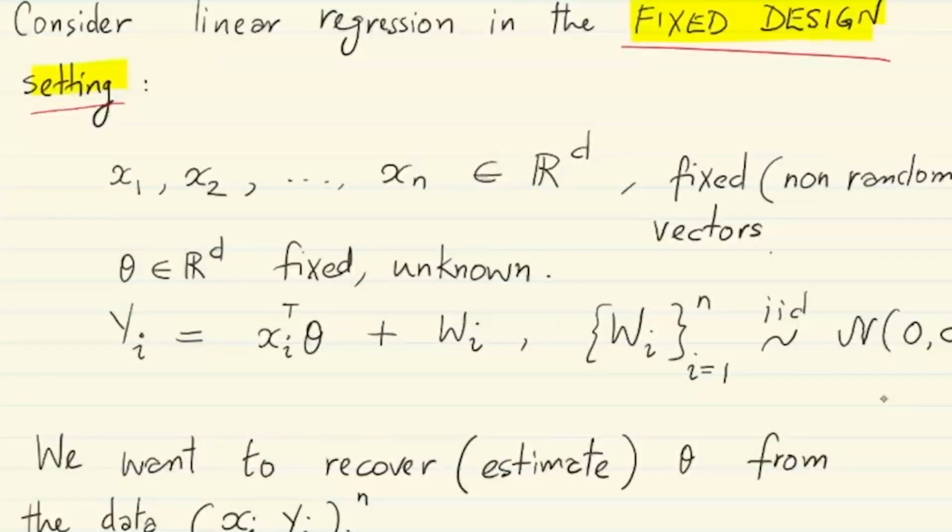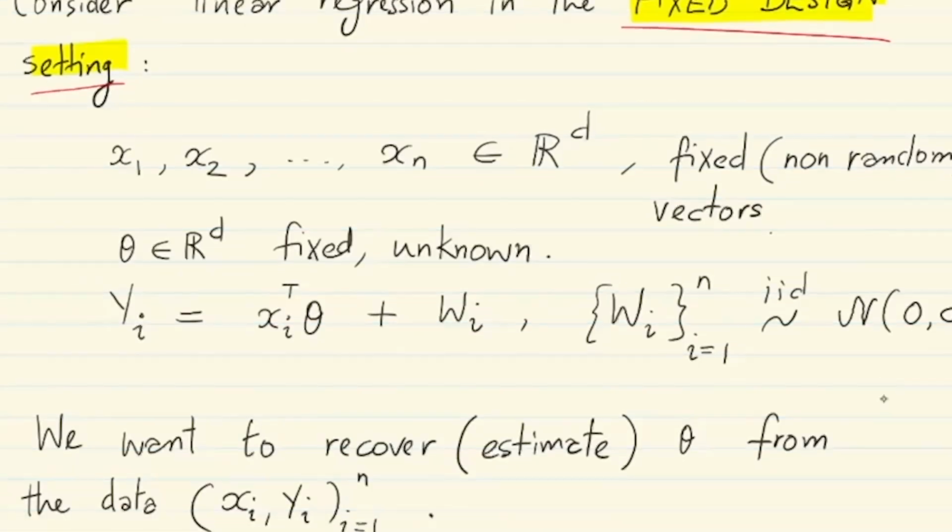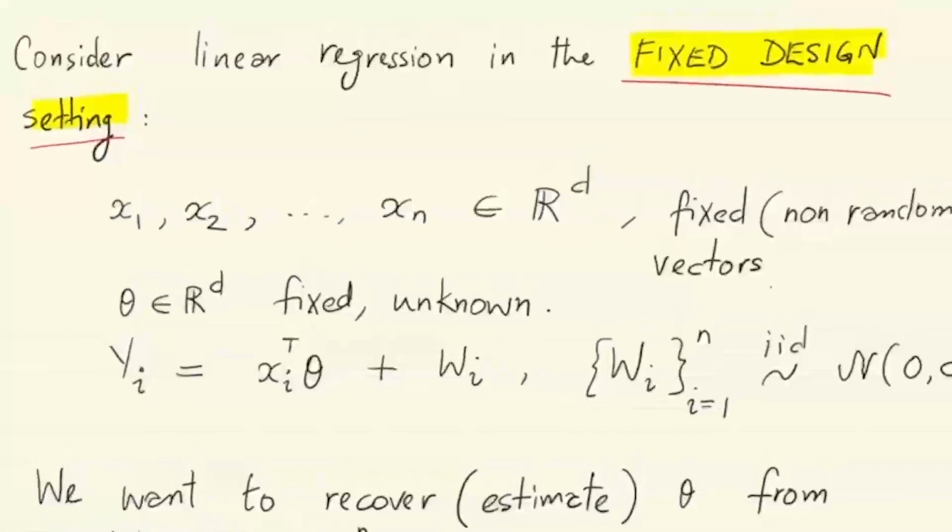Let theta be a d-dimensional unknown parameter, and let yi be a random variable which is the inner product of xi with theta plus an independent Gaussian noise variable wi, which has mean 0 and standard deviation sigma. And the goal is, as usual, we want to recover or estimate theta from our data xi, yi.